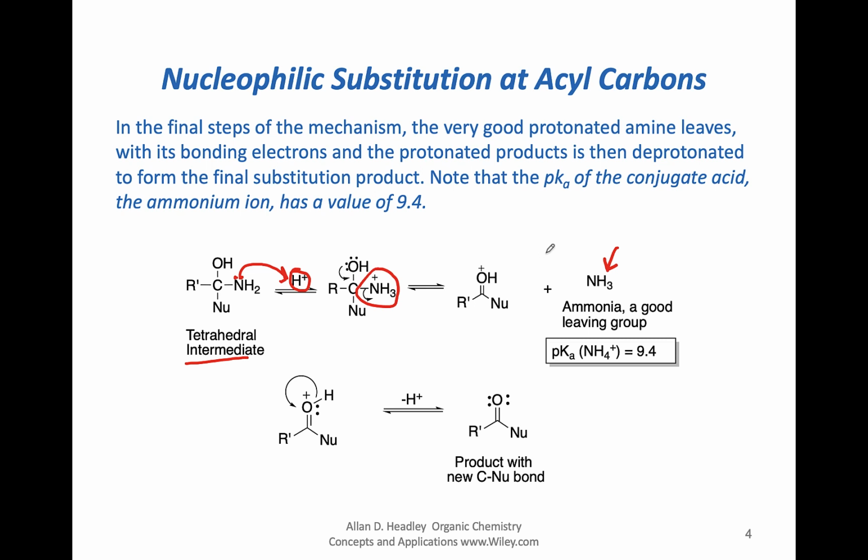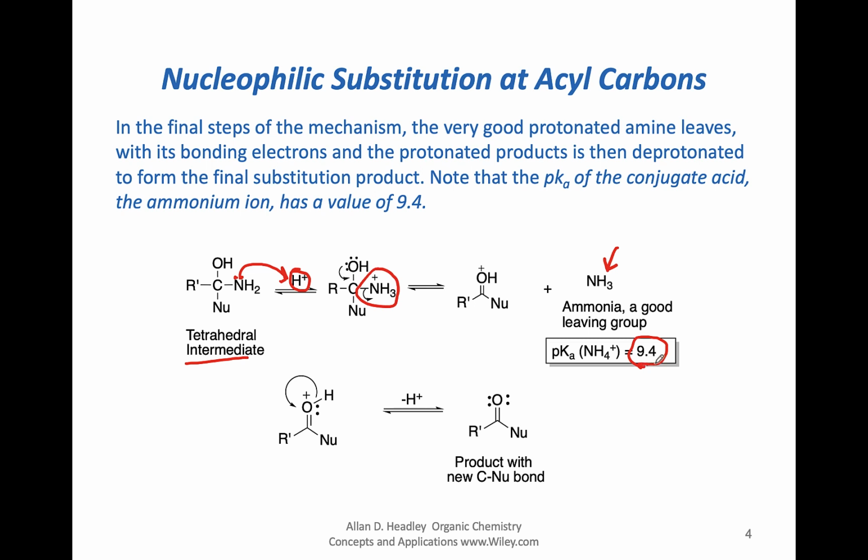The question now is, is ammonia a good leaving group? Let's find out. The conjugate acid of ammonia has a pKa of 9.4. Now that's a good difference from the conjugate acid of the NH2 that leaves. So this is a fairly strong acid, not the strongest, but stronger than your typical acid.